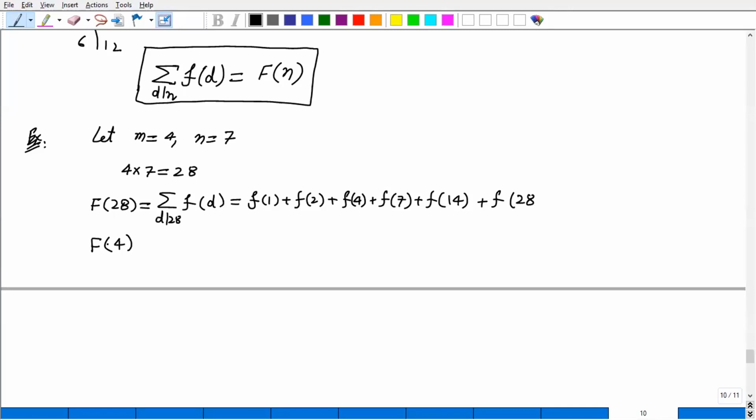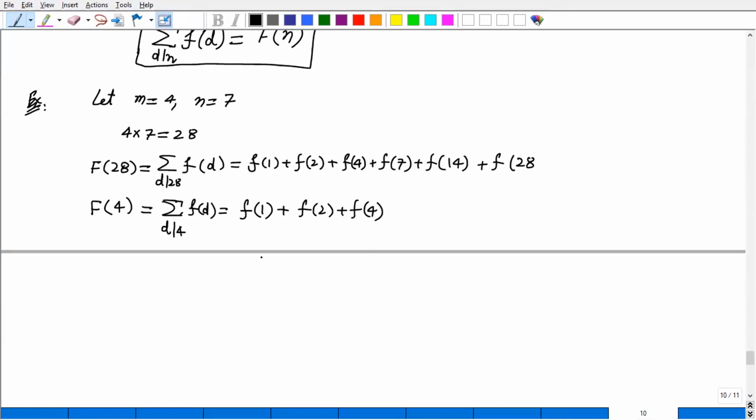Now compute F of 4. F of 4 is the sum over the divisors of 4 of f of d. So the divisors of 4 give f of 1 plus f of 2 plus f of 4, because 4 is also a divisor of 4.